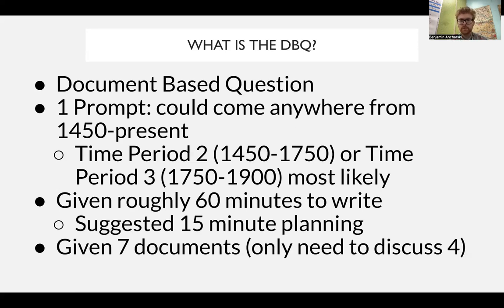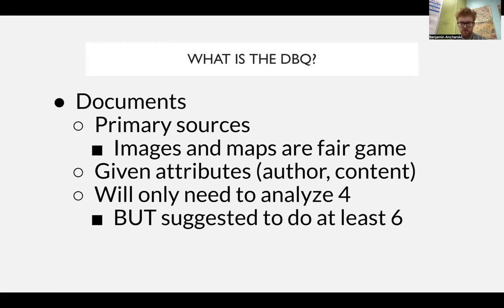You have 7 documents, and because of recent changes to the DBQ from College Board, you technically only need to talk about 4 of them. But I'll talk about why you should talk about at least 6 or 7 of them. But what are the documents to begin with? The documents are primary sources.